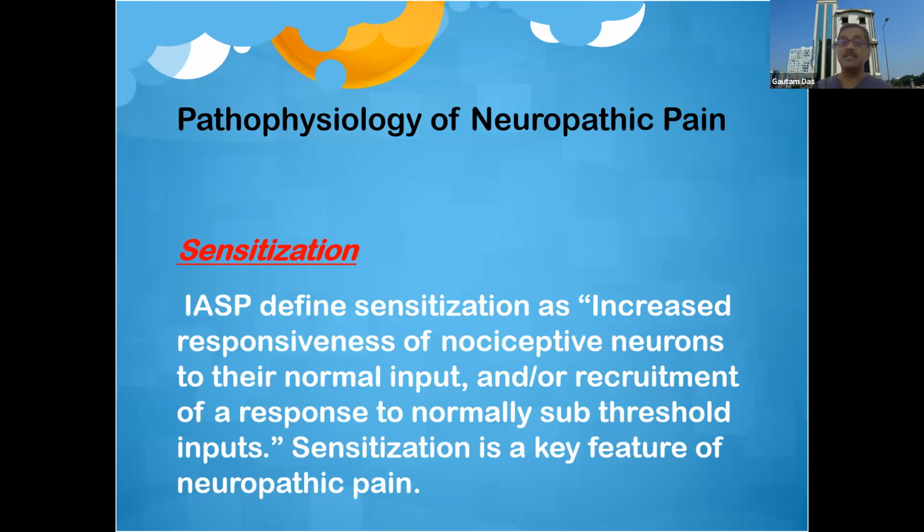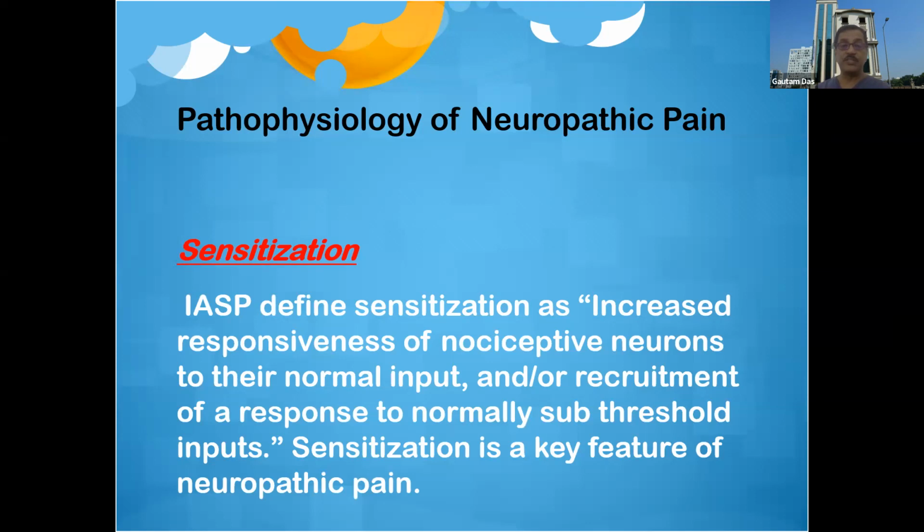So neural plasticity is a change, and this change or adaptation is mostly for our good, but sometimes it can do bad as well. Pain sensitization is a kind of maladaptation, a kind of neural plasticity. Sometimes it comes as a question: what is neural plasticity, and what is sensitization?